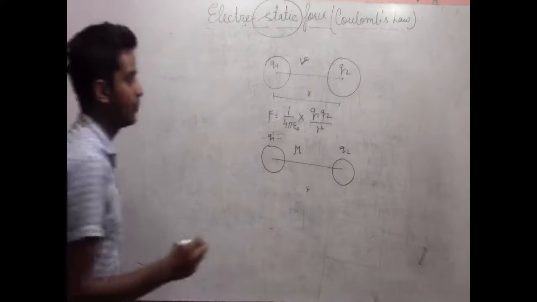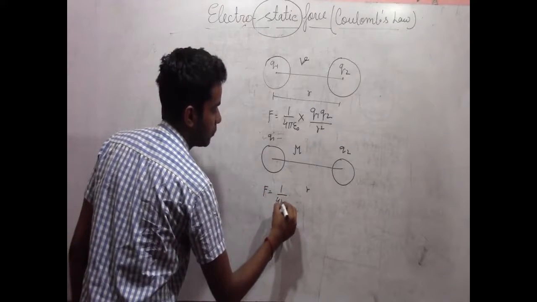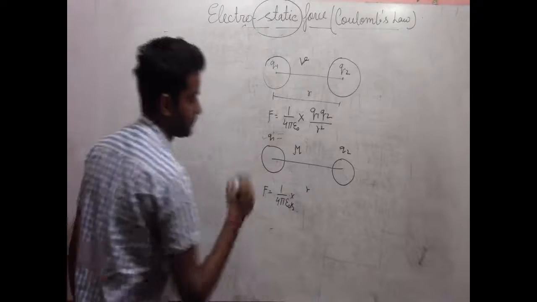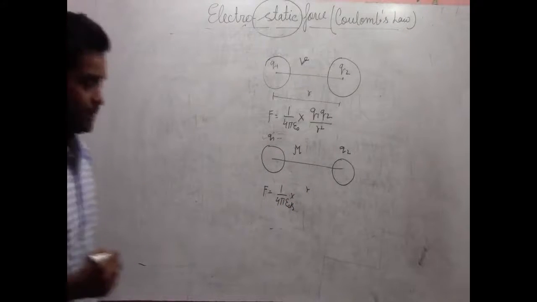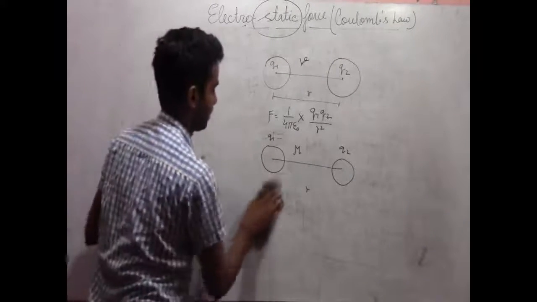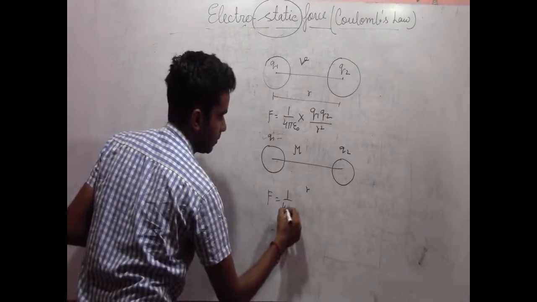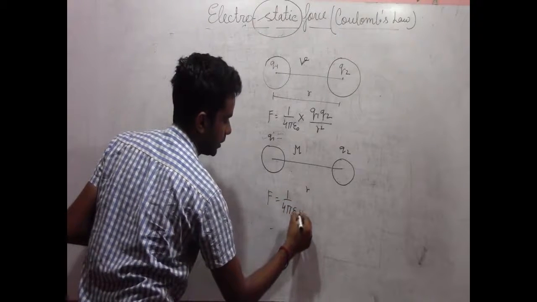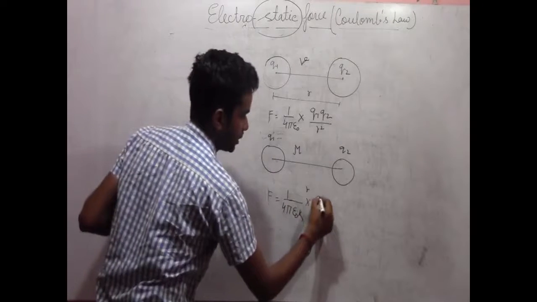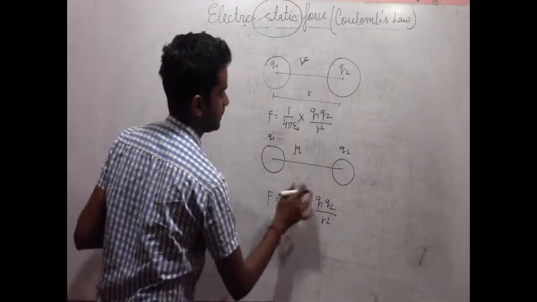Now your force becomes F is equal to 1 by 4 pi epsilon naught into K into Q1 Q2 upon R square.